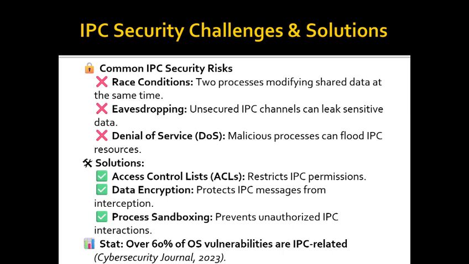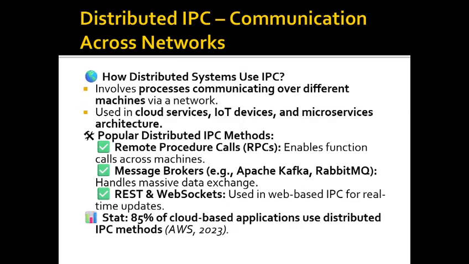According to statistics from 2023 in computer and cyber security journals, over 60% of OS vulnerabilities are IPC related. Distributed IPC: communication across networks. Distributed systems use IPC to let processes communicate over different machines via the internet, used in cloud services, IoT machines, and microservice architectures.